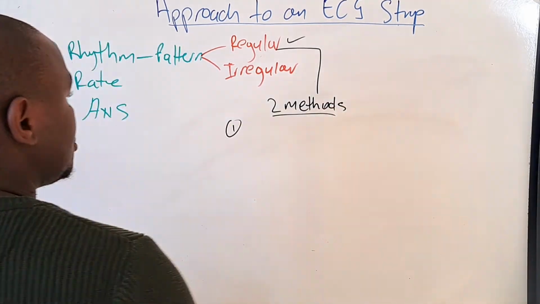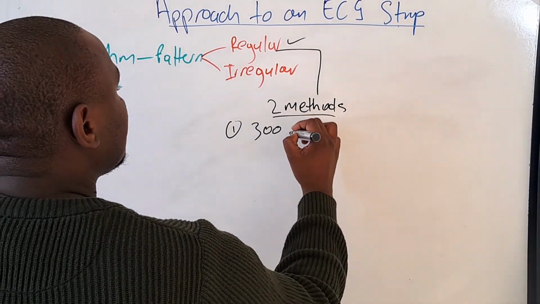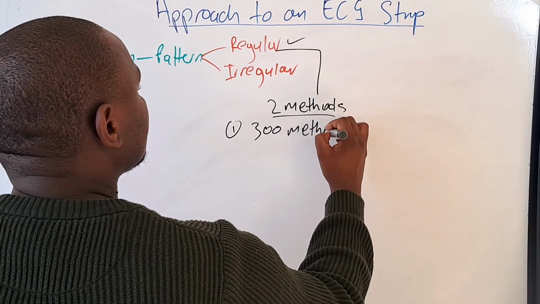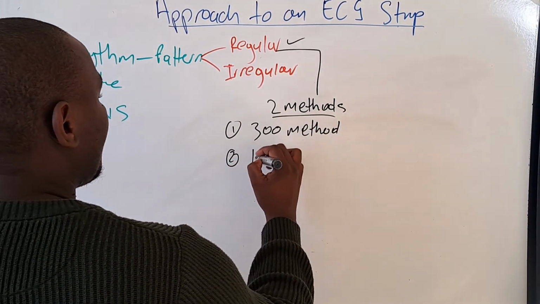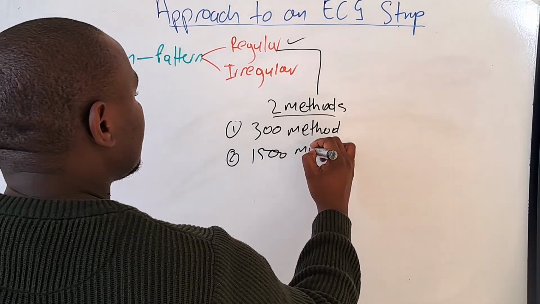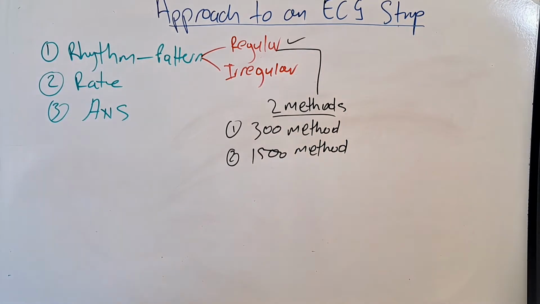The first method is called the 300 method. The second one is called the 1500 method. Nothing hectic here, guys.